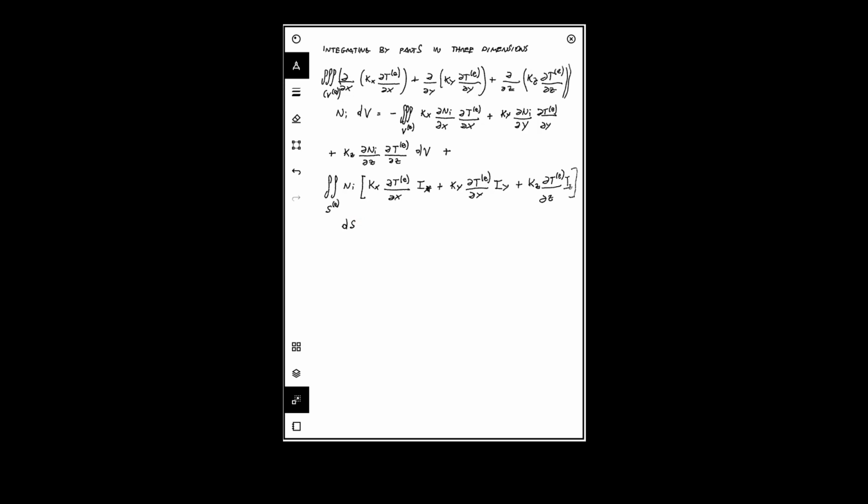Now we have to specify what is lx, ly, and l zeta. They are simply the direction cosines of the outward normal to the surface at a point with respect to x, y, and zeta.